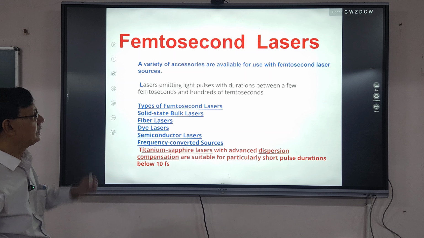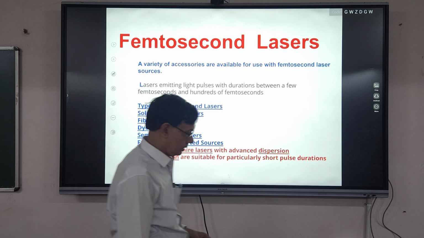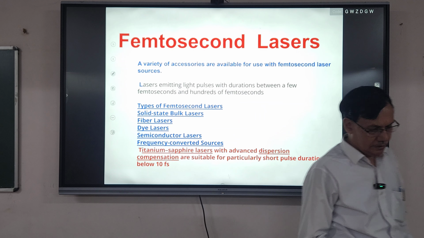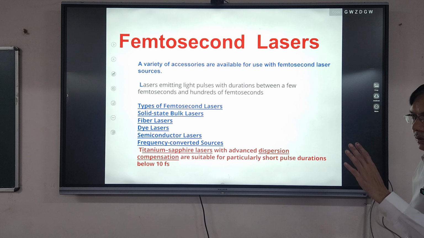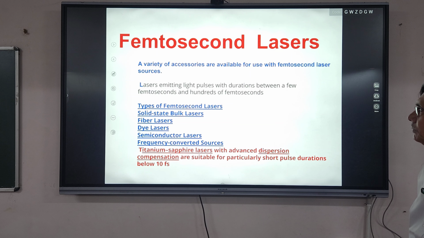The last transparency is a general knowledge question: sir, what type of laser must we use, which shows 10 to the power minus 12 or 10 to the power minus 15 second?